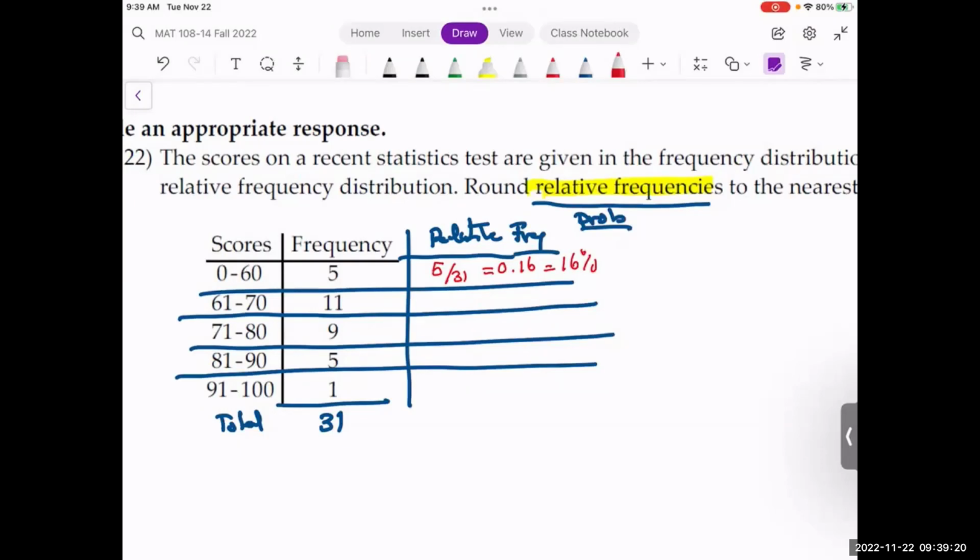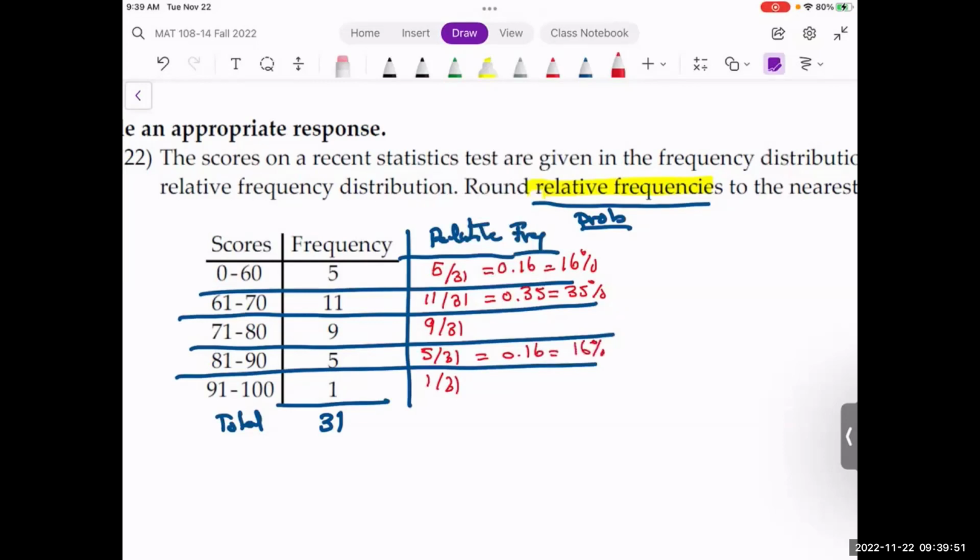And then you're going to do the same thing. 11 divided by 31. What's it going to be here? 0.35. Thank you. And that's going to be 35%, and so forth, right? 9 divided by 31, 5 divided by 31, 1 over 31. So 5 over 31, we know 0.16, which is 16%.